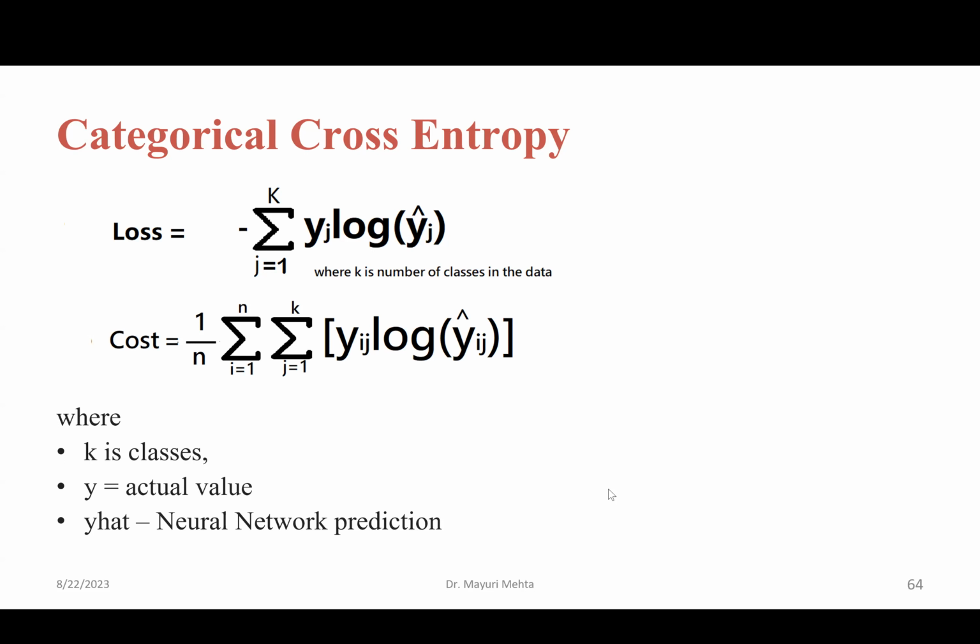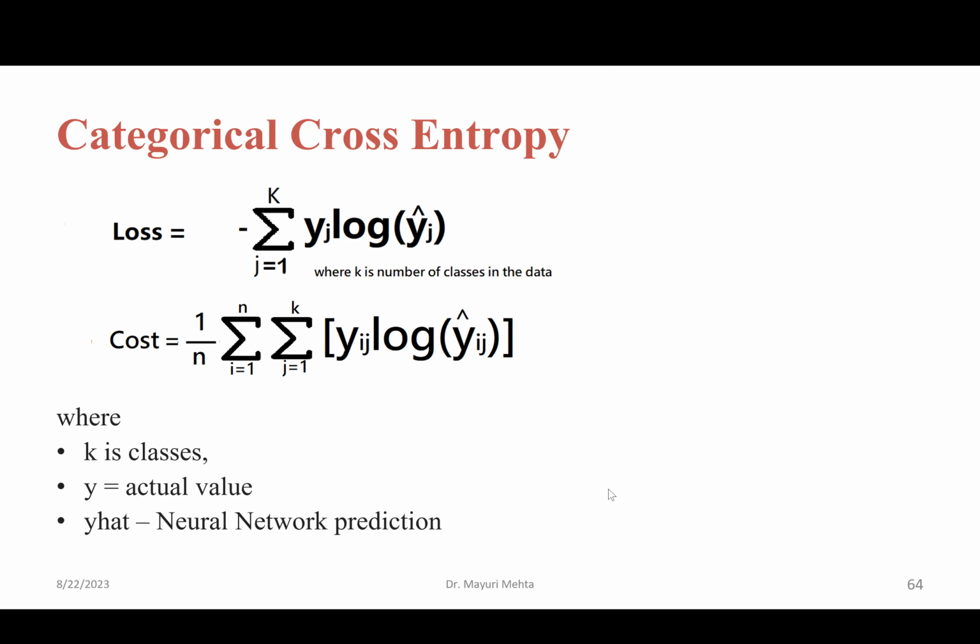These words are used interchangeably, but these are two different ways you can calculate it, where K is classes, because this is used for multi-class classification problems, while binary cross entropy is used for binary classification problems. As this is used for multi-class classification, you have multiple classes, more than two. So K represents the number of classes.